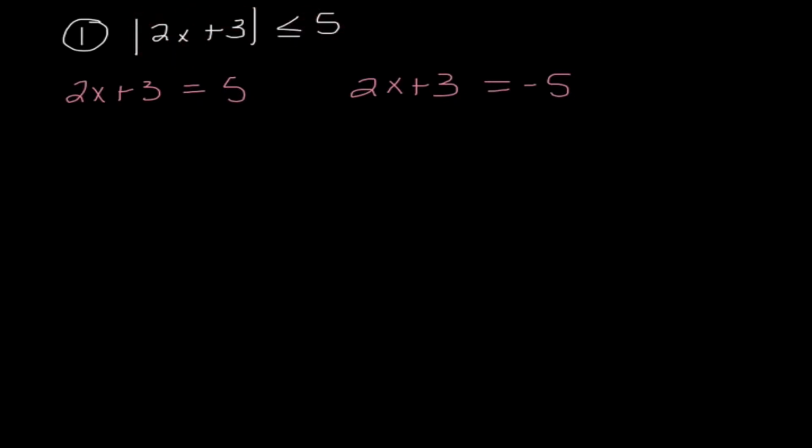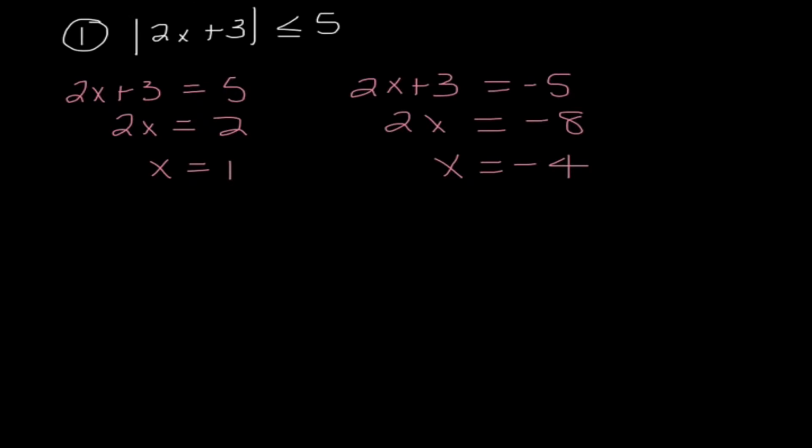If this is equal to negative 5, the absolute value would be 5. So I'm going to solve these independently. I'm going to subtract 3, divide by 2, so I get x equals 1. Here I get 2x equals negative 8, so x is equal to negative 4.